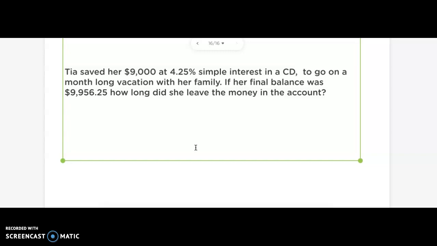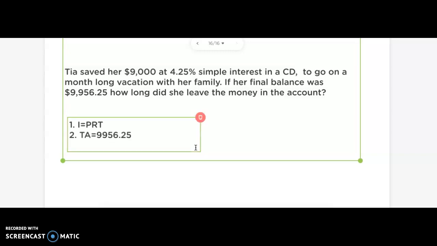Whenever they do not give you interest, they have to give you the final balance so that you can find it out. So let's start with our process. Step 1, write our formula, which is I equals PRT. What do we have?